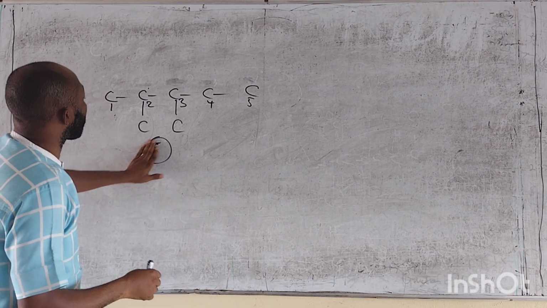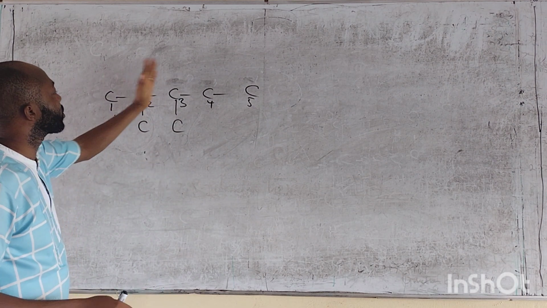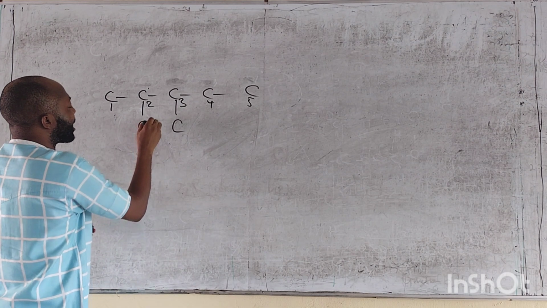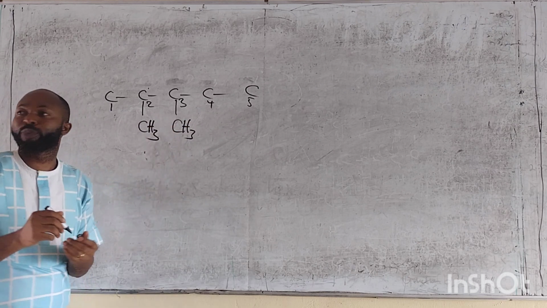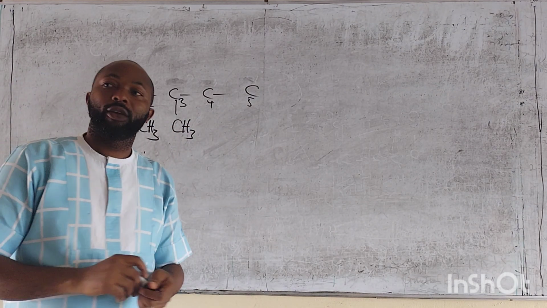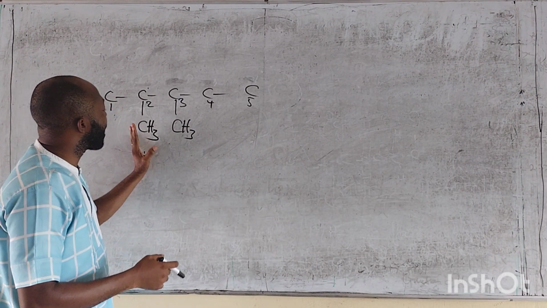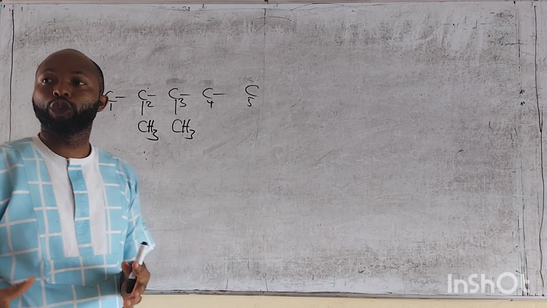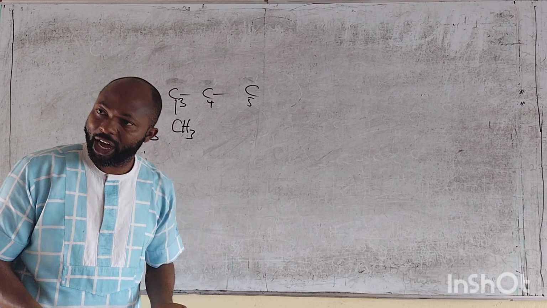Wrong. So here, like I was illustrating, if this is what it is, I have 1, 2, 3. In carbon 2, I have a methyl. Don't mind that I'm not putting my CH3 here. My CH3 here. We know that. I've explained that earlier on before I started. For those of you who are just coming in, you may not understand that. So now, if this is my methyl, this is my methyl, I have two methyl, I must show whether they are di or tri or tetra, as the case may be.